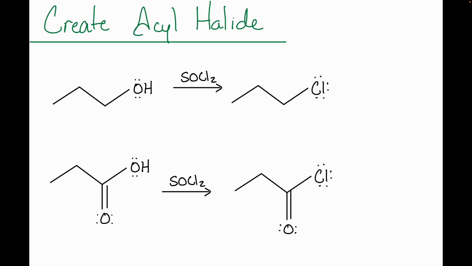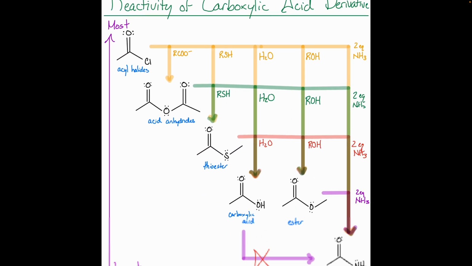So this is our one way of going backwards from something less reactive to something more reactive. We required this fancy reagent here, thionyl chloride. But we can go backwards on our little cheat sheet here, starting with that carboxylic acid, go back to our acyl halide here, using that thionyl chloride, SOCl2.